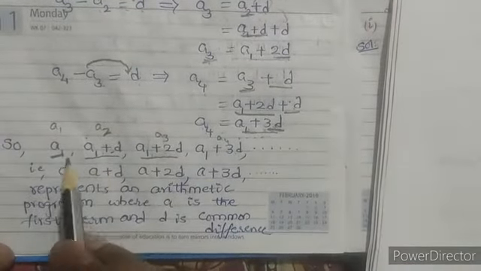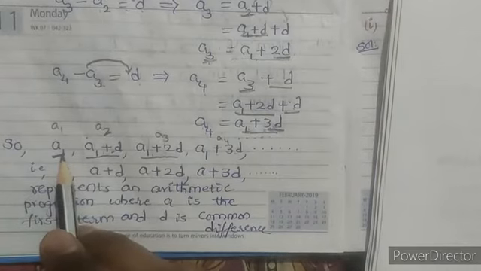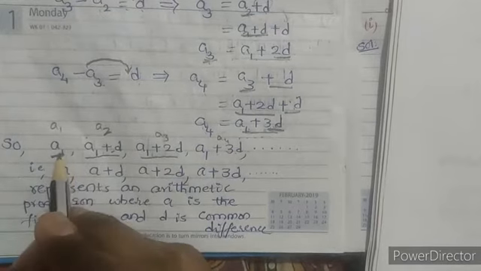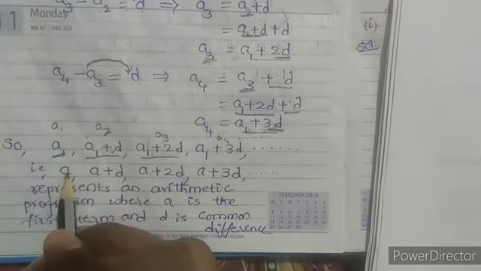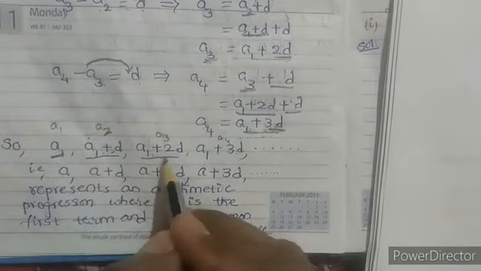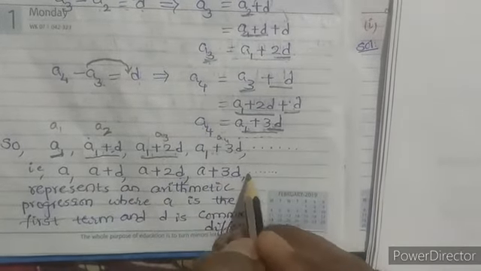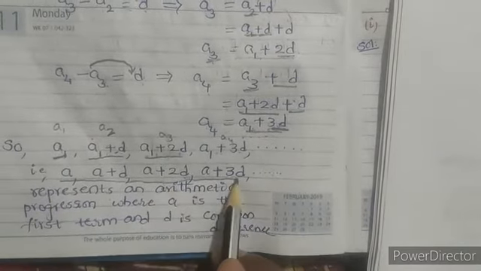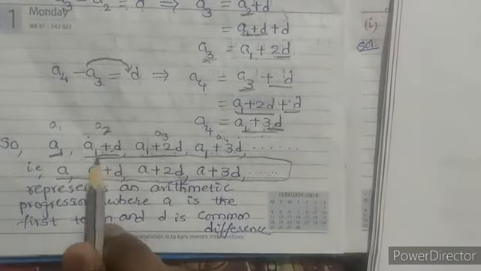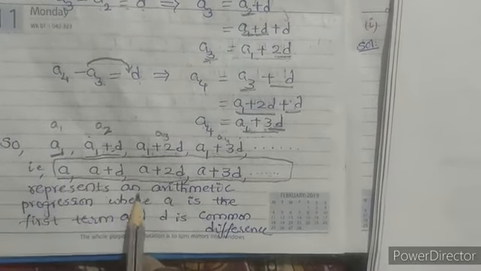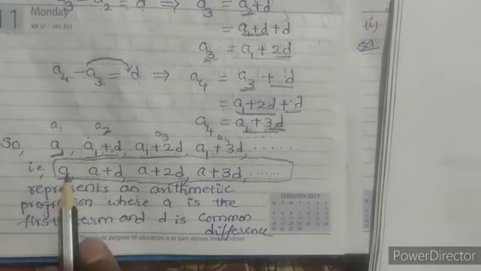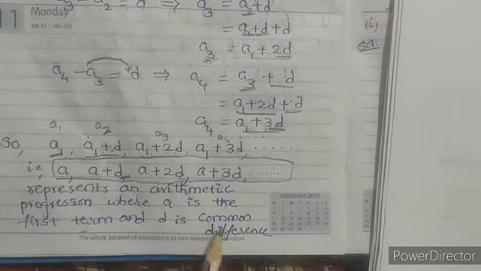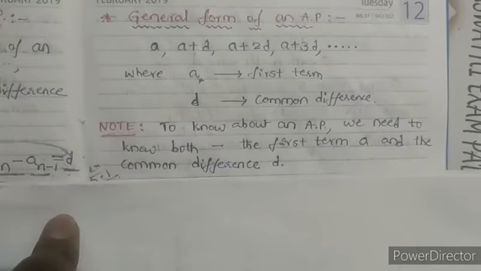If you represent A1 as A, sometimes A1 is also represented as A. So that is why A1 will become A. A, A plus D, A plus 2D, A plus 3D and so on. This represents an arithmetic progression where A is the first term and D is the common difference.